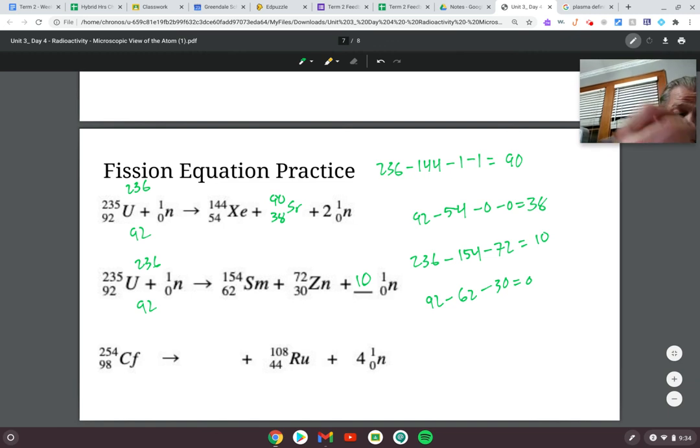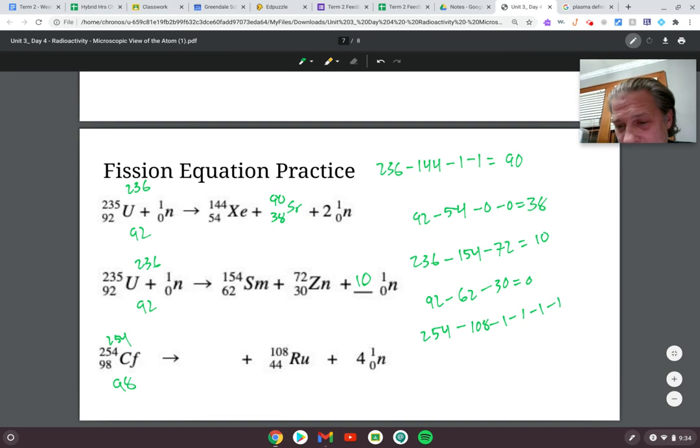So on the left side, I don't have to add anything, but I have 254 and 98. So I'm going to subtract what I know, which is 254 minus 108 minus 1 minus 1 minus 1 minus 1, and that gives me a new mass number of 142.